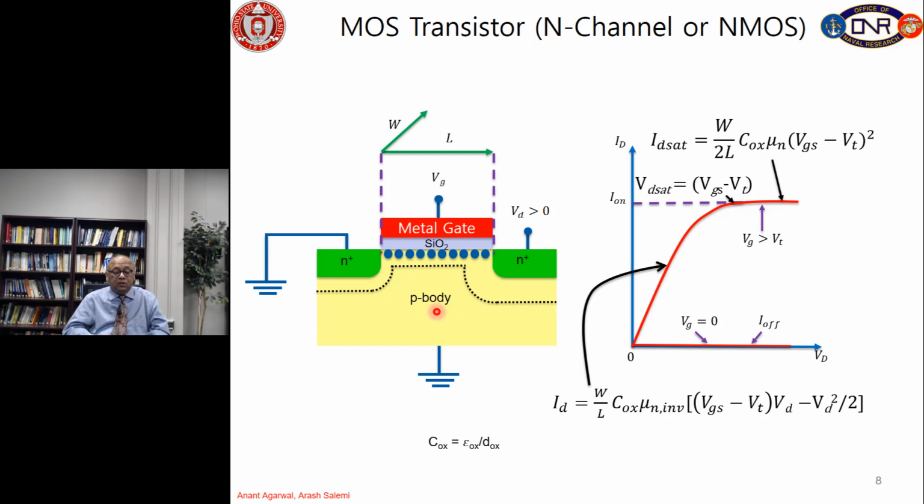So, the electron mobility in a p-type or n-type semiconductor, we know the bulk mobility is determined by the Coulomb scattering and the phonon scattering, and we had studied all that, and it is a function of doping. But the inversion layer mobility tends to be about 50% of the bulk mobility. So, if the bulk mobility is 1000 centimeter square per volt second, the electron mobility in the inversion layer would be about 500.